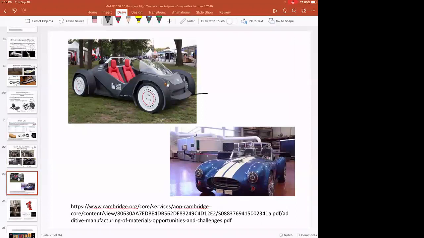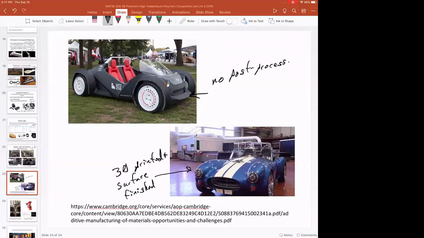And of course, here is the Strati. That's the name of the car, meaning layer in Italian. But no one really wants to buy a car that looks like this. They want to buy a car that looks like this. And so this is 3D printed and surface finished. So this is no post-processing. You know, some people might like this look, but that's not what folks are used to in their automobile.